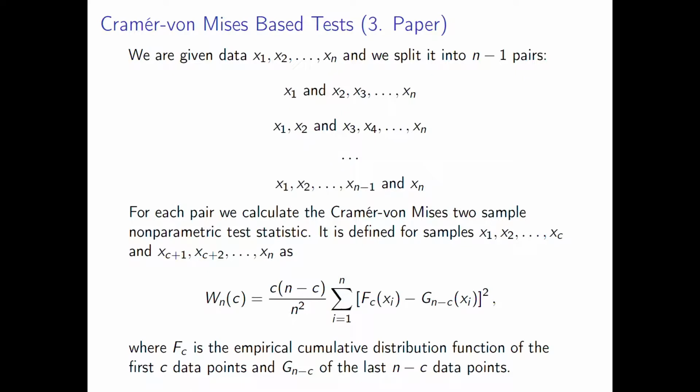So we just compare the ECDF of the first c data points to the ECDF of the last n minus c data points.